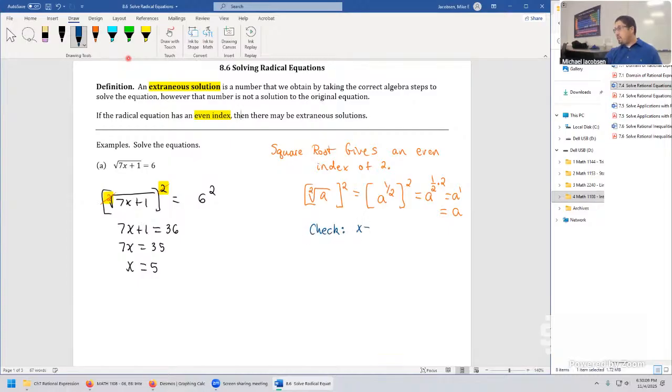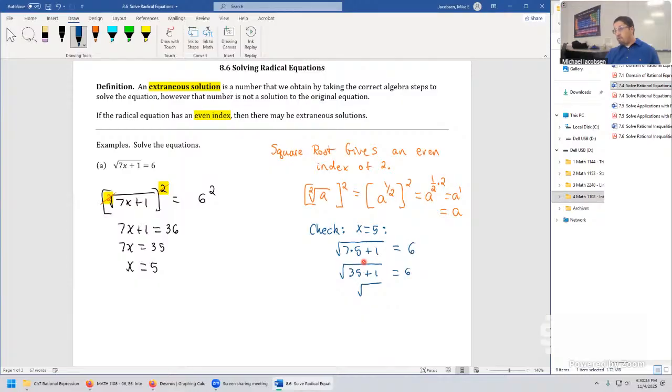If we set x equals 5, that means we'll plug 5 here and get root 7 times 5 plus 1 equals 6. Then let's just simplify to see if this is a valid equation. Inside the square root by order of operations, this is now 35 plus 1, supposed to be equal to 6.